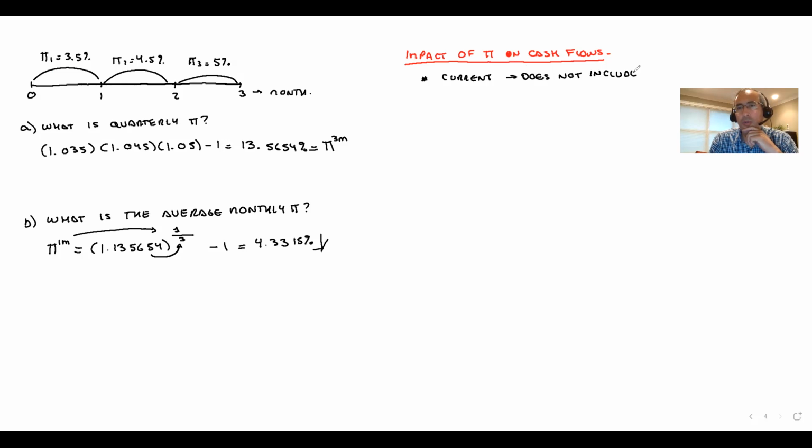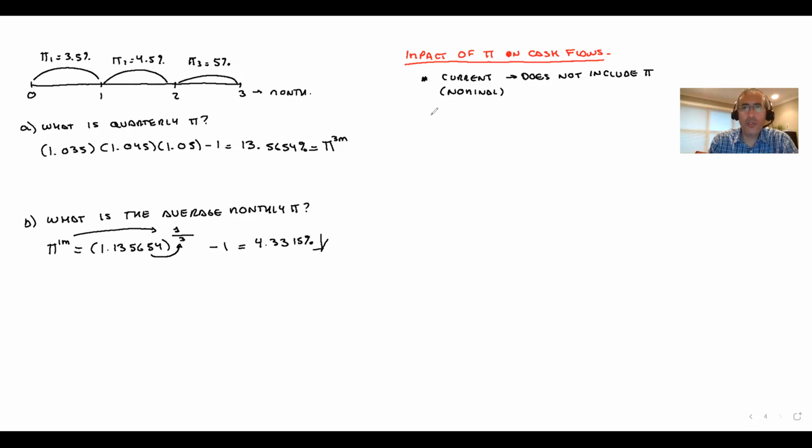So when you talk about current, you are not including inflation. Okay. Also, the current is called nominal. So when you talk about nominal terms, it simply implies that you're talking about dollar value. So if I have a $100 bill now and I have a $100 bill in the future, this is nominal. You don't care about the time value of money.